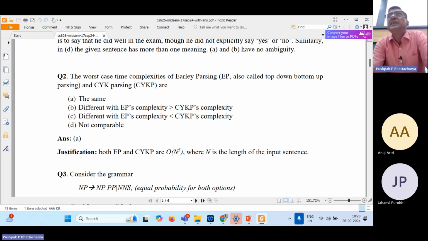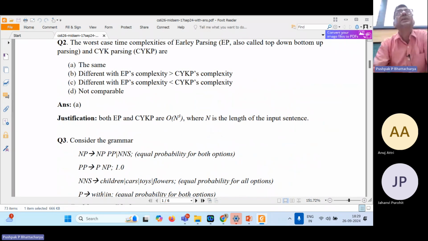So here, some of you have made a very strange mistake, and that is possibly because your idea of complexity is not completely clear. Complexity is asymptotic. Okay, so both of them are order n cube. Some of you have written CYK parsing is order n cube into size of G, the number of rules.